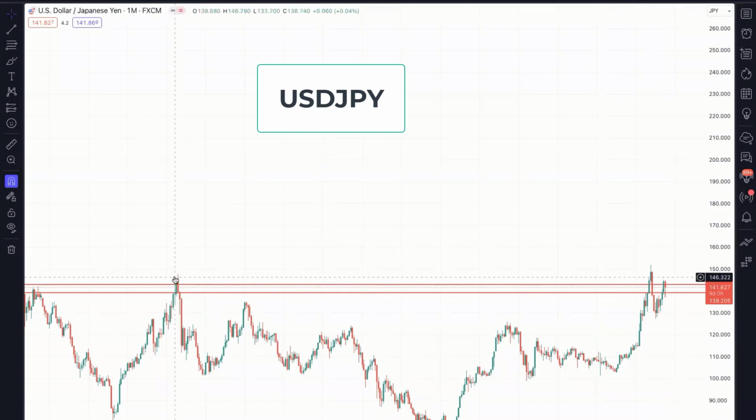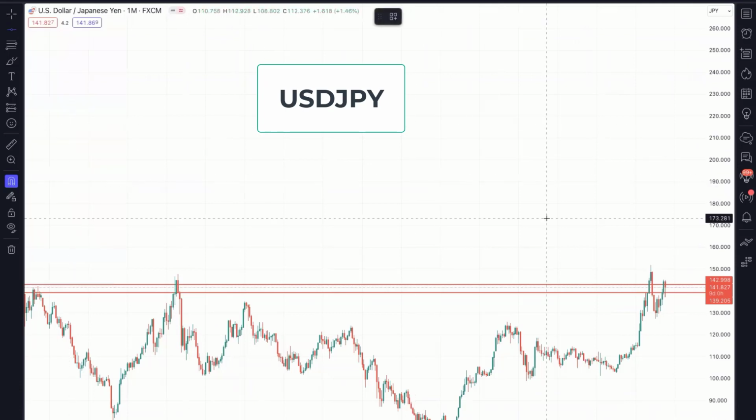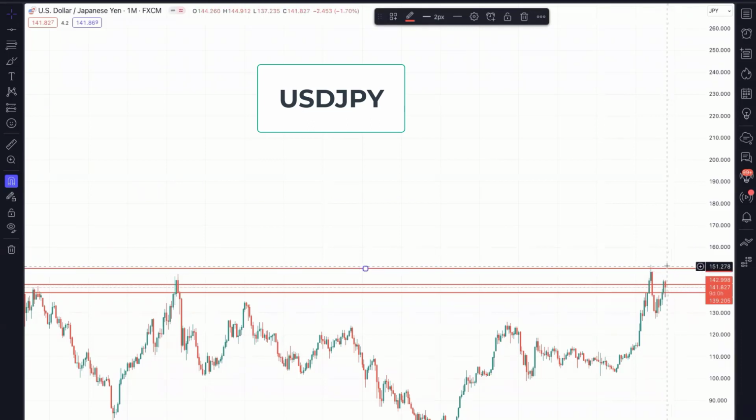It even crossed that level in 2022. And in 2023 now, it is going back to that level. All right. So if you are looking to catch up on USD JPY, this should be your take profit level. Because definitely when it gets here, it might pour down.